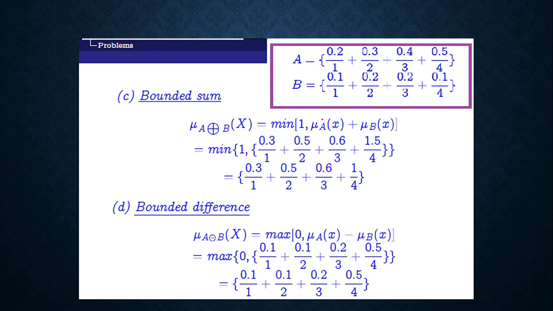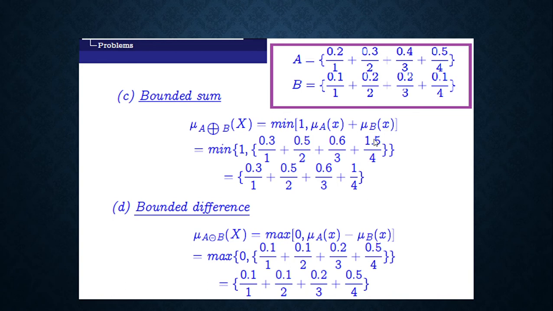So the operator says it is minimum of 1 comma membership of a of x plus membership of b of x. So in this part you have to add them up, and once added, you have to take one or the corresponding membership value, whichever is minimum.